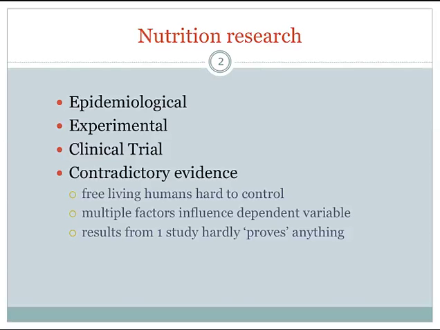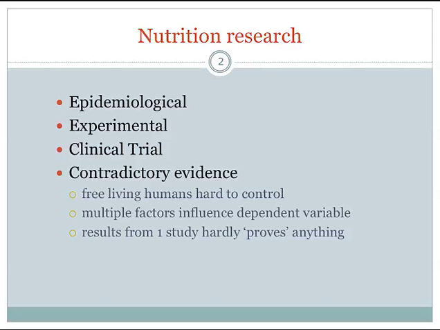So you have to be a little bit careful, which is why you have higher level experiments that can take place with greater and greater controls. The more controls you have, the more you can control for some of the contradictory evidence that you get in some of these studies, because humans can be a little bit difficult.